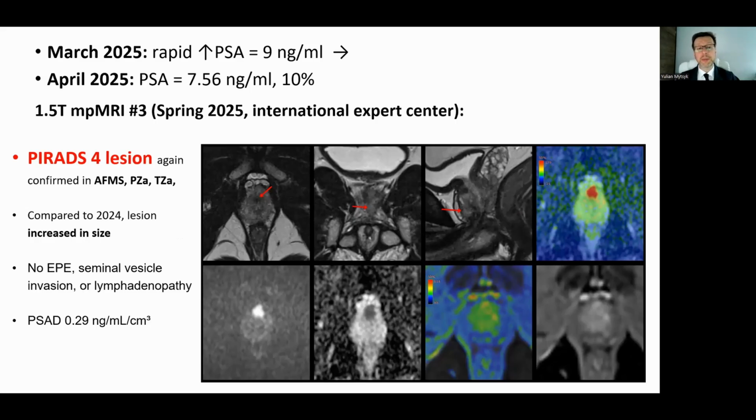Compared to the previous examination, the lesion increased in size, with no extraprostatic extension, no seminal vesicle invasion, and no lymphadenopathy.